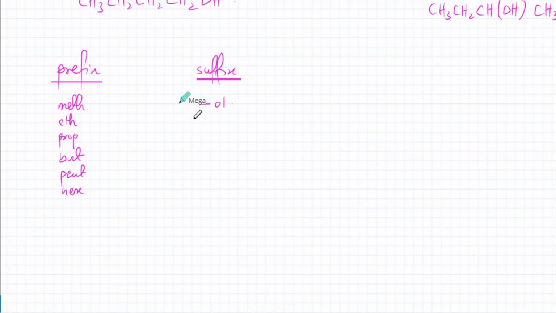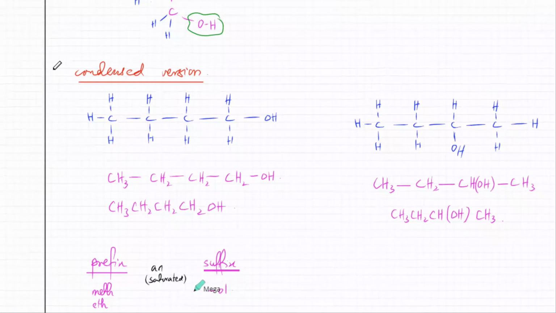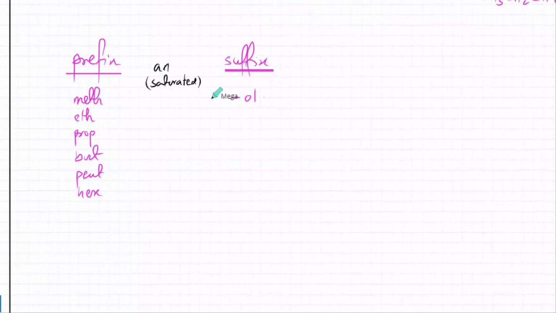And then there is a middle part. That middle part is AN, or EN. It's going to be AN if it's saturated. Saturated means that all the bonds between carbon atoms are single bonds, like an alkane. So these are saturated alcohols, where all carbon atom bonds are single bonds. It will turn into an EN if it is unsaturated, like alkenes had EN in them.